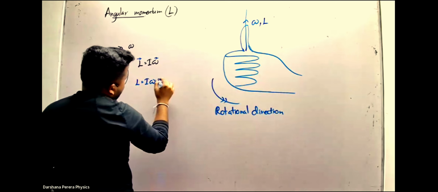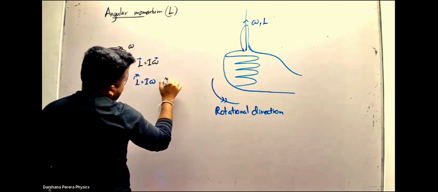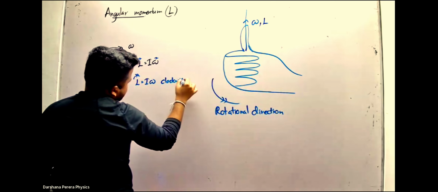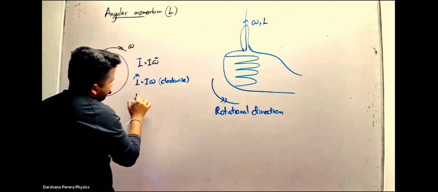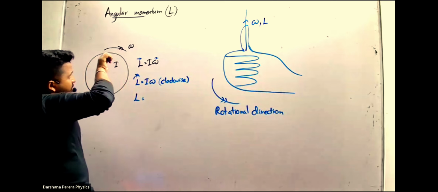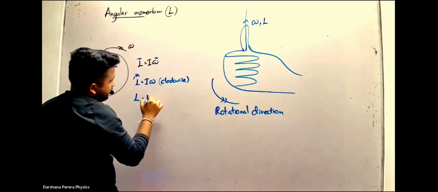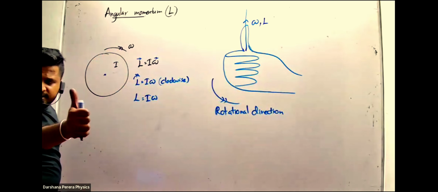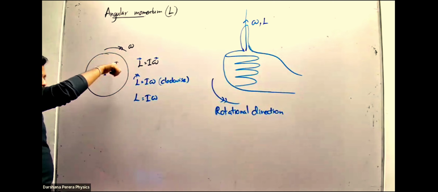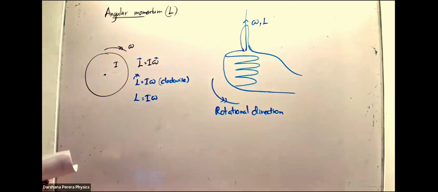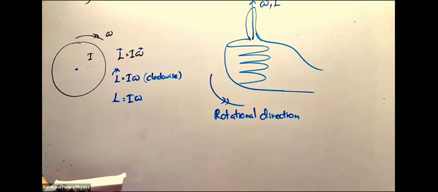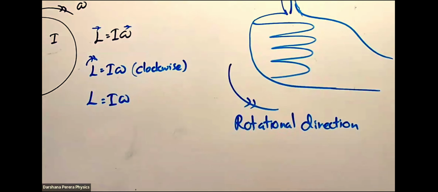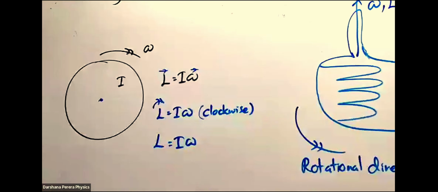What is the direction? Clockwise. And also we can simply say L equals I omega in the clockwise direction when we place the right hand in this direction. You have to clearly understand that, because the vector nature of angular momentum is very important.